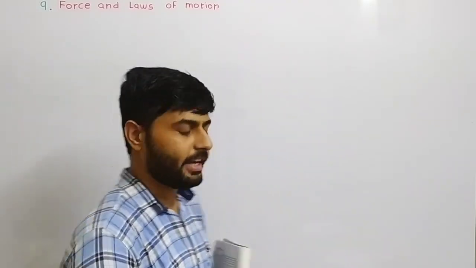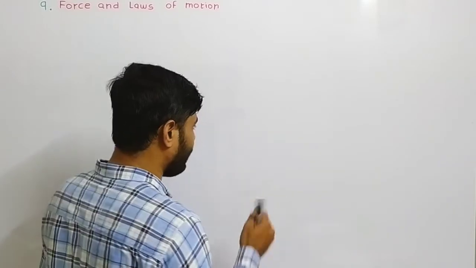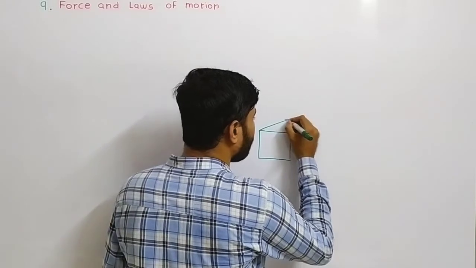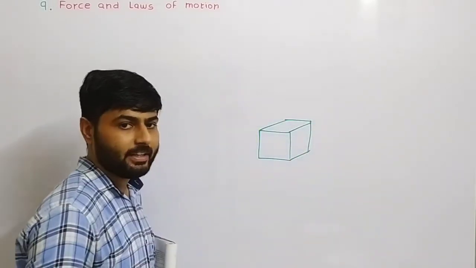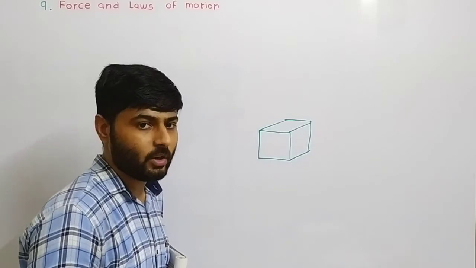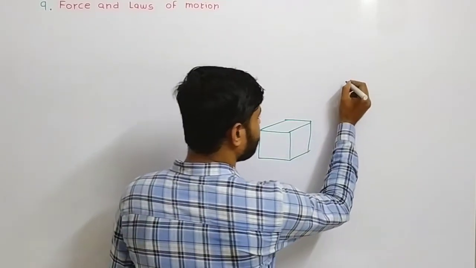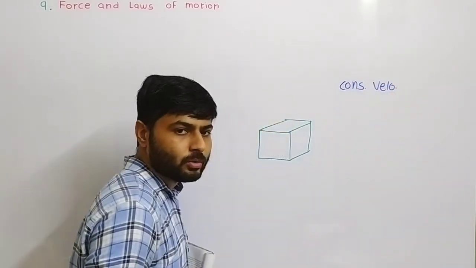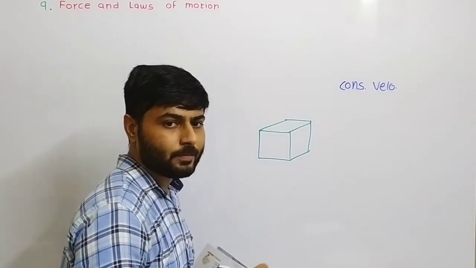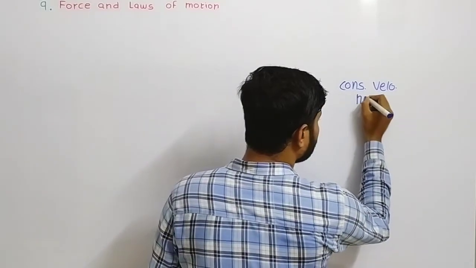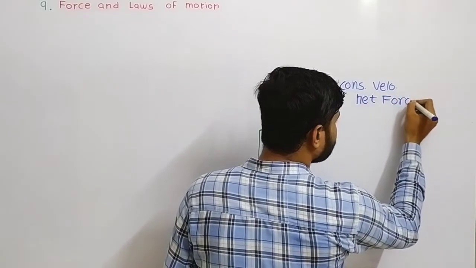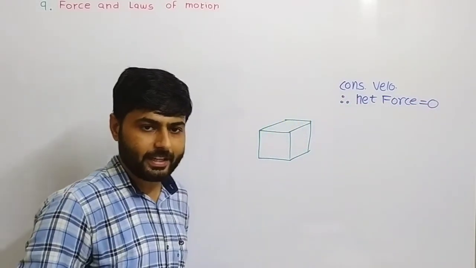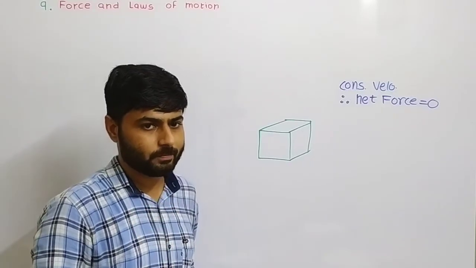So here we want to move this wooden cabinet with constant velocity. For constant velocity, net force should be 0.